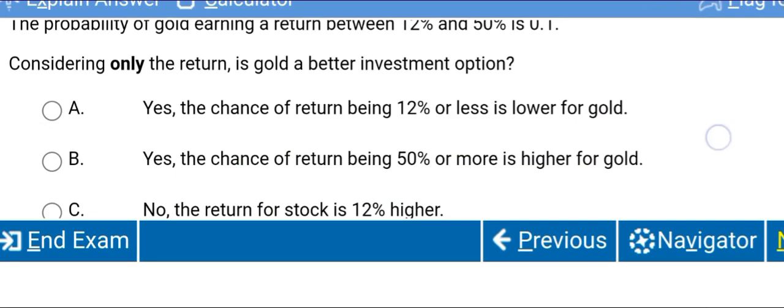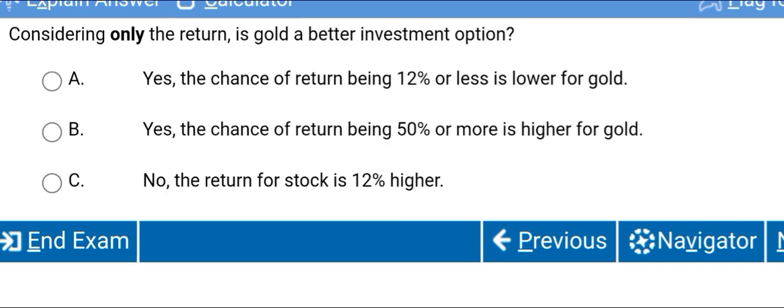Considering only the return, is gold a better investment option? Option A, yes. The chance of return being 12% or less is lower for gold. Option B, yes. The chance of return being 50% or more is higher for gold.